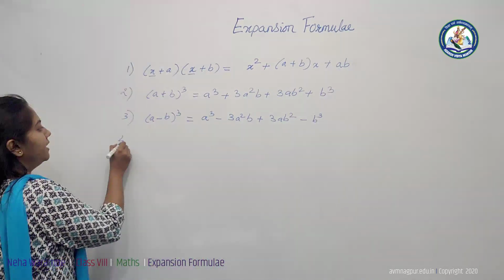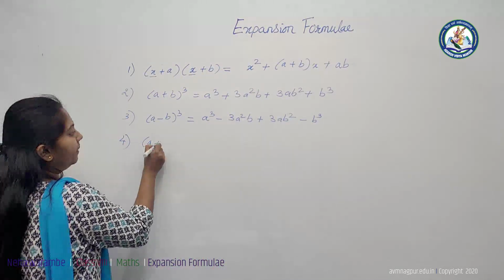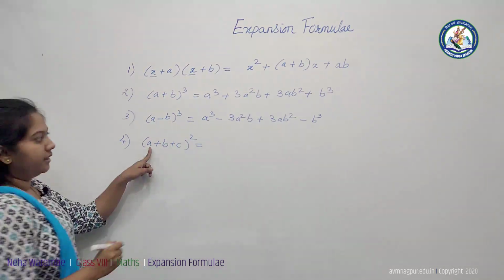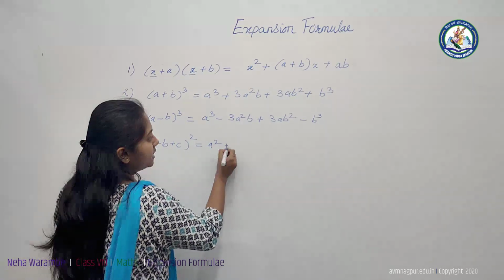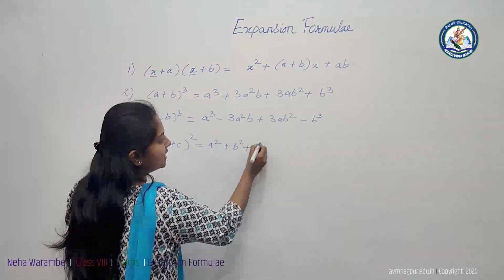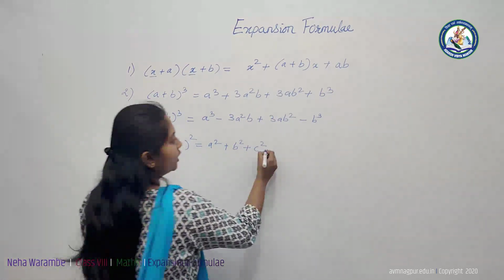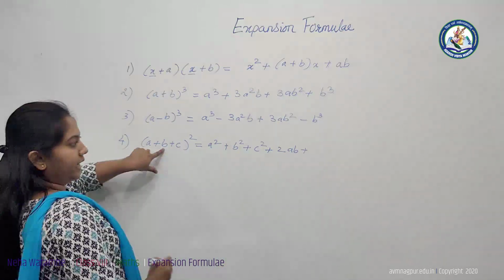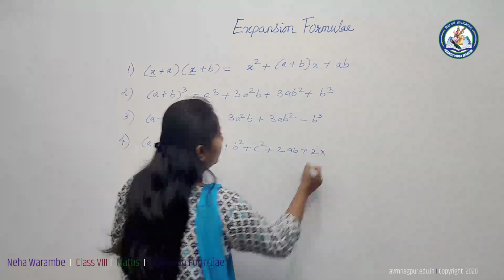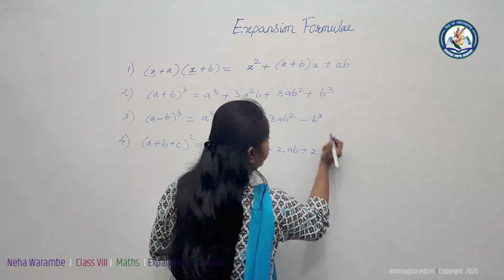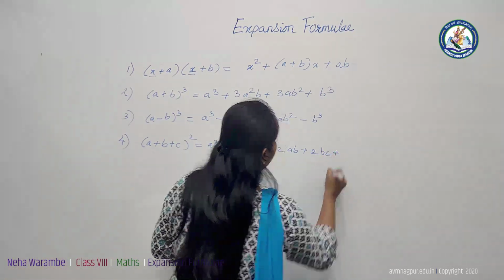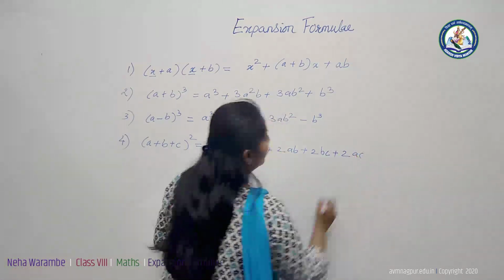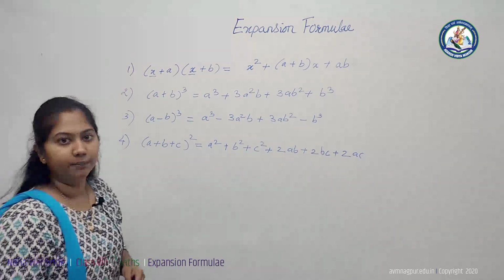And the last is a plus b plus c whole square is equal to a square plus b square plus c square plus 2 into ab, that is first term into second term, plus 2 into bc, second term into third term, plus 2 into ac, that is first term into third term.